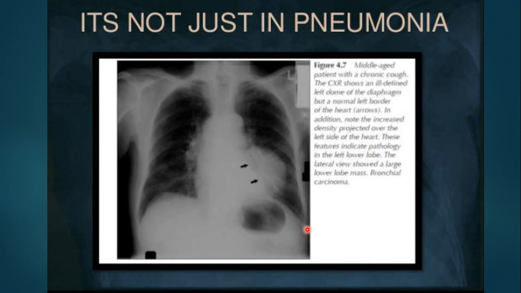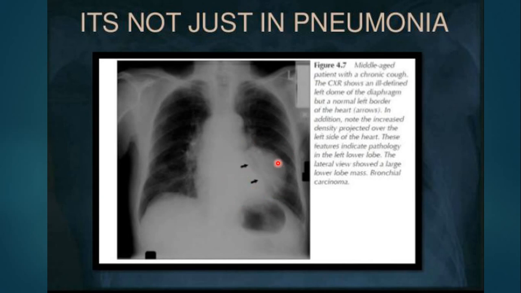You can see there is an ill-defined shadow here that is silhouetting the left dome of the diaphragm, at least the medial aspect. Whereas it's not silhouetting the heart. You can see the heart border at the arrows. It is well visualized.